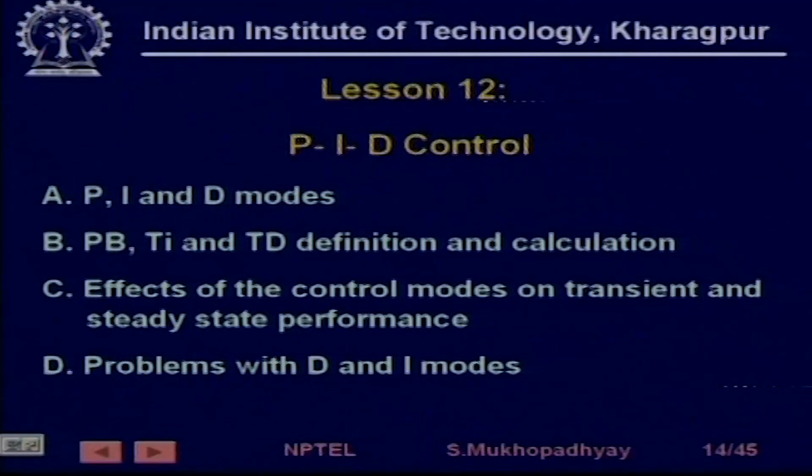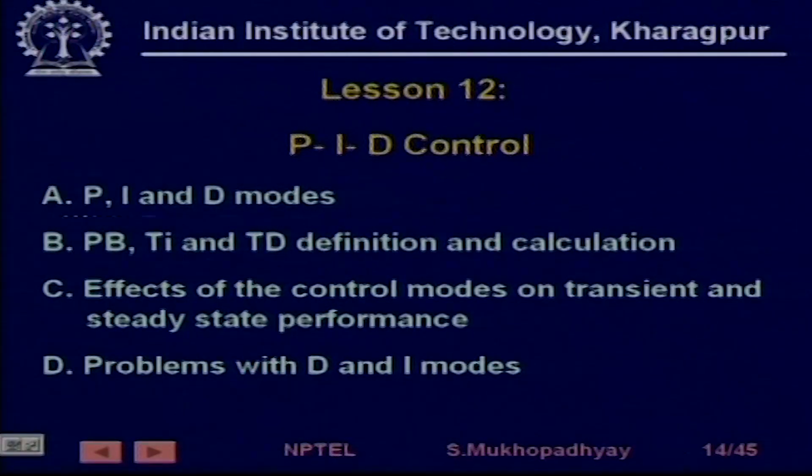Having understood these general concepts, we first took up PID control. People say that even with so many advanced controls, about 80 to 90% of all industrial controllers are PID. So it is important that PID controllers are looked at thoroughly.